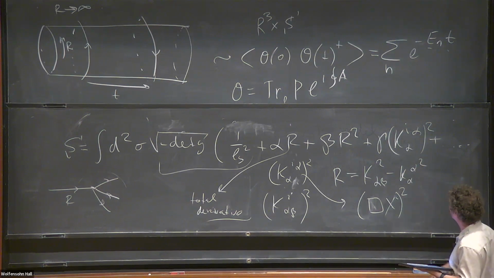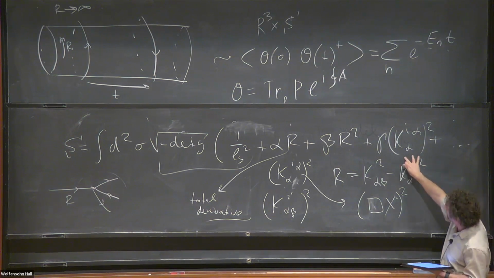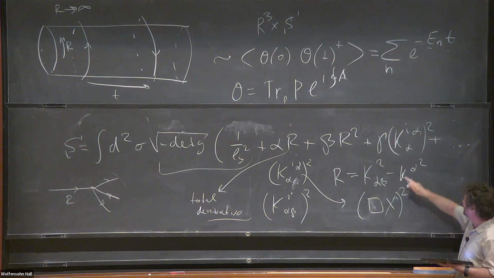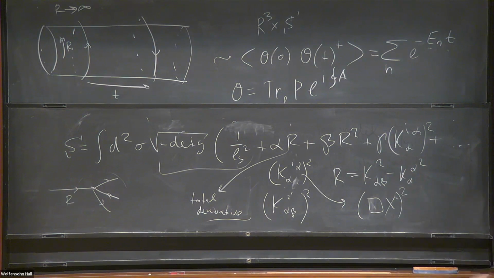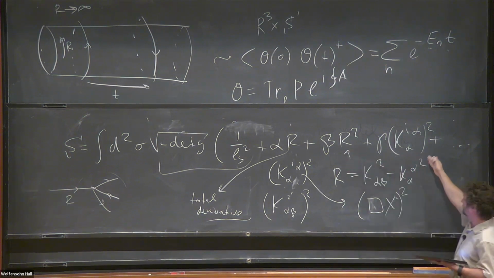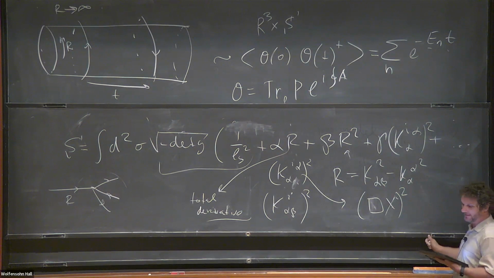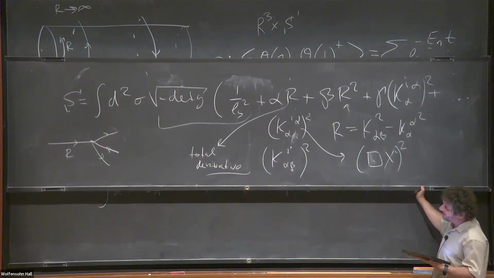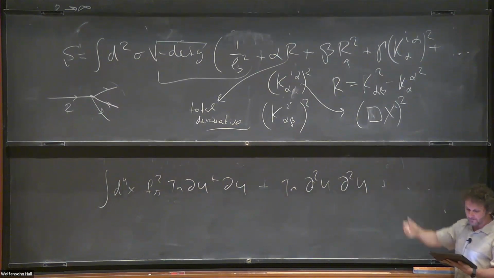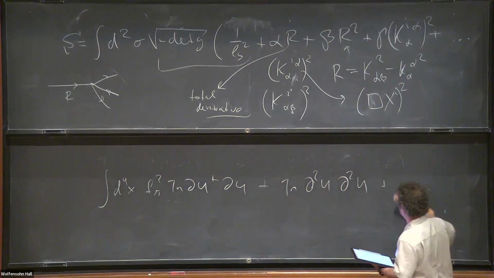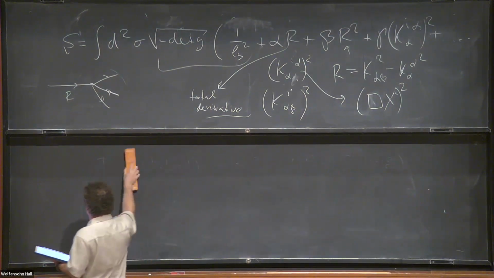For instance, there are two nontrivial operators which one may write at next to next to leading order, one of which can be written as R squared, or alternatively just some K to the 4 operators. And I think they will play some role in what Zhao is going to tell you later. But at the level of one loop scattering amplitudes there is nothing, which means that one loop scattering amplitudes are completely determined by the Nambu-Goto action.